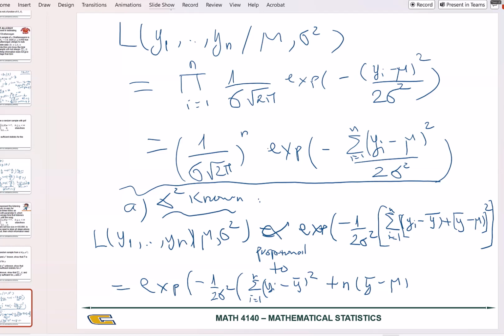You can verify that easily. The cross term will be 0, because the summation of y i subtract y bar, i from 1 to n, will be 0.